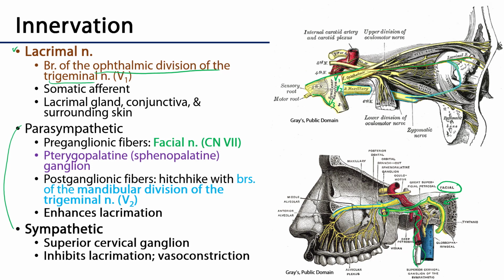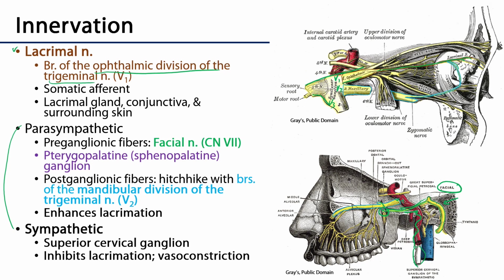And it's found in the pterygopalatine fossa, that area that's contiguous with the orbit by means of the inferior orbital fissure. So the preganglionic parasympathetic fibers from the facial nerve will synapse there, and they hitchhike out along V2 branches.